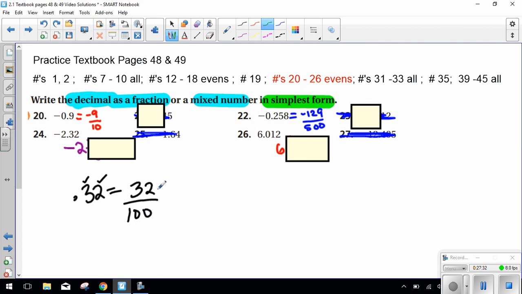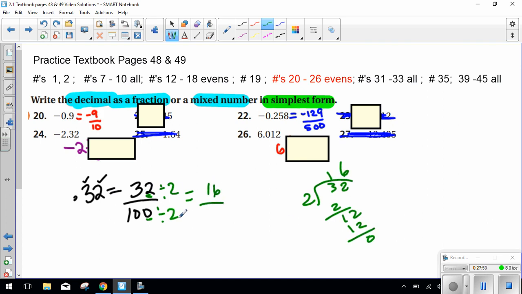Now, since they're both ending in even numbers, I'm just going to divide by 2. It's the easiest number to work with. So half of 32, some students give me some pretty wild answers. So 2 goes into 12 6 times. So half of 32 is 16. Half of 100 is 50.